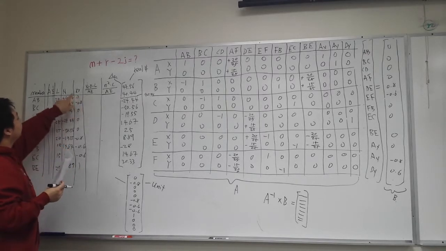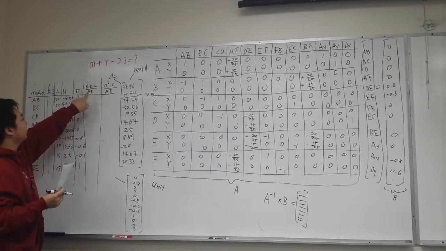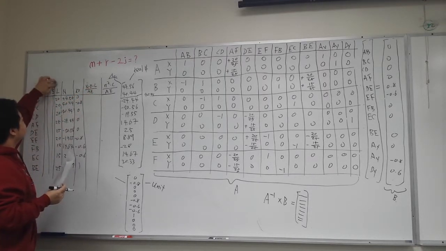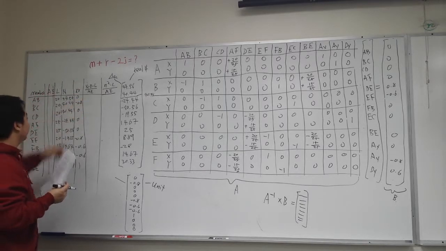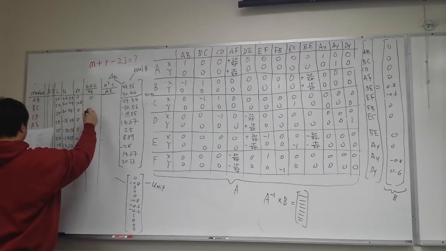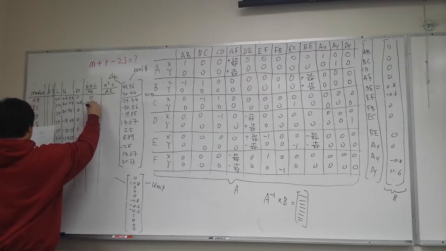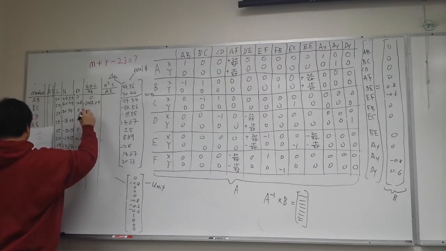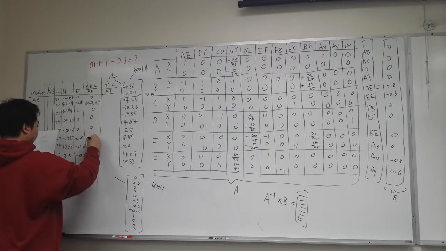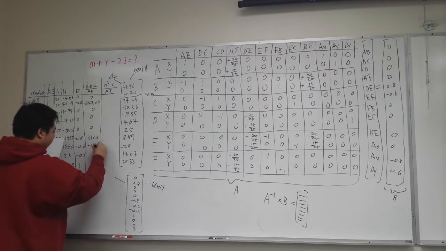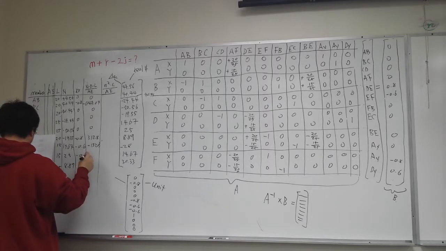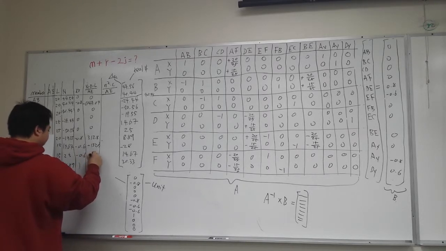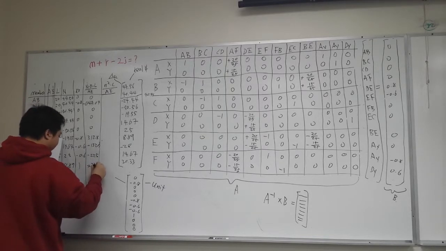For this one, you're going to take big N times small n times L over AE. So you take this times this times this. Since you have 0 here, you're going to have 0, negative 647.04, 0, 0, 0, 312.8, negative 132.03, negative 225, 222.25.